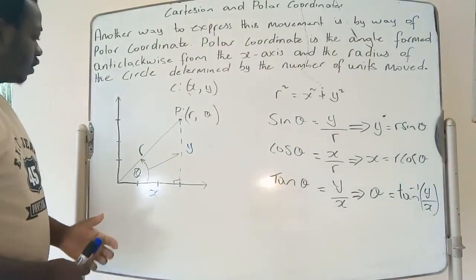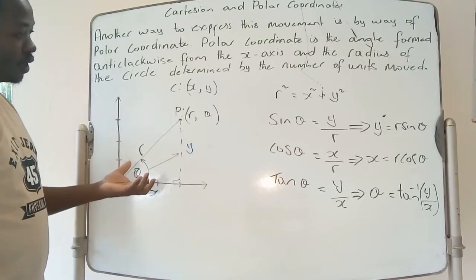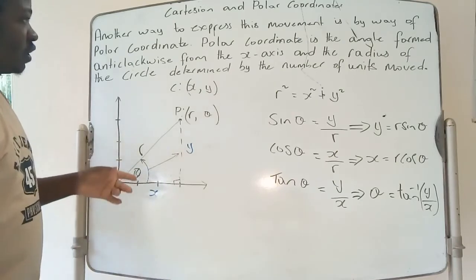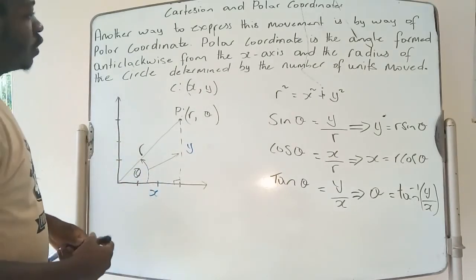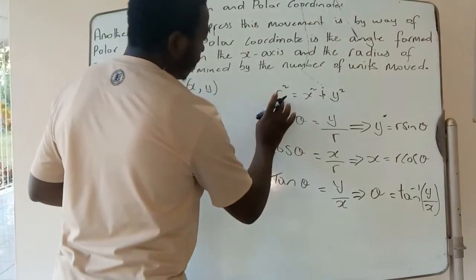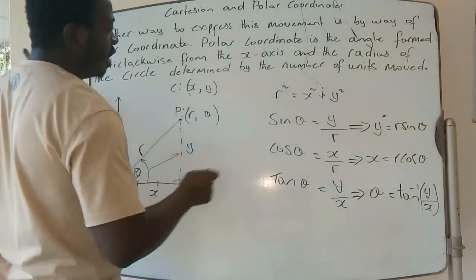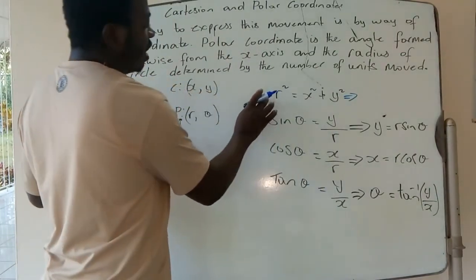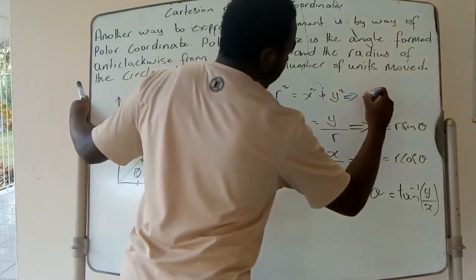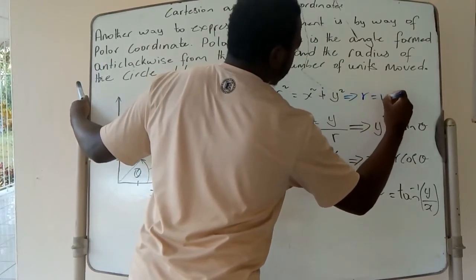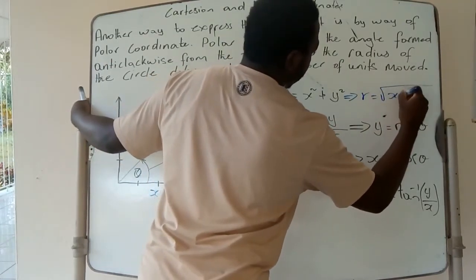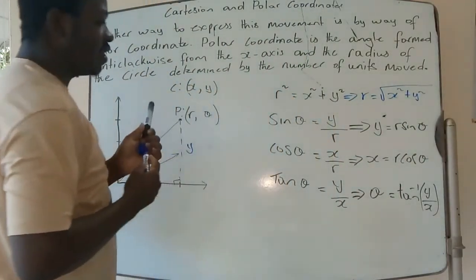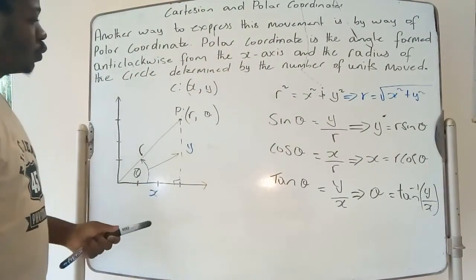Clear there? So that's a lot of relationship that we just discovered. So in other words, going back to this formula here, if you want to find what r is, then r is equal to the square root of x squared plus y squared. Make sense there? I hope I'm making sense to you.